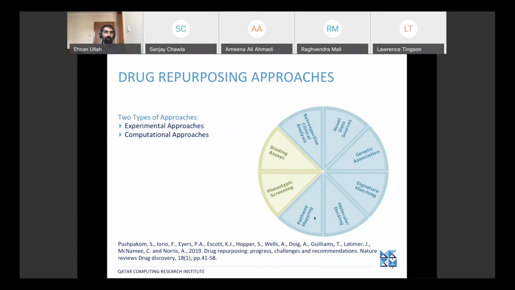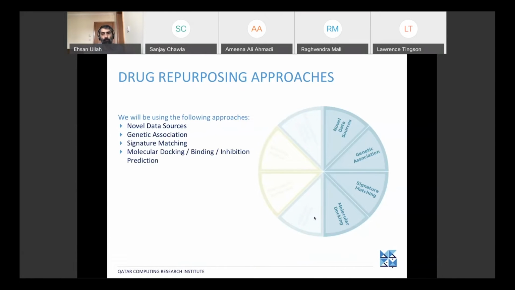Talking about the computational approaches, highlighted in blue, we will be focusing mainly on novel data sources, genetic association, signature matching, and molecular docking, whereas retrospective clinical analysis and pathway mapping I will not be focusing on. I will give you the reasons why. But just remember that these approaches will be used to develop models that can use prior information to compute whether a drug will inhibit a target or not.